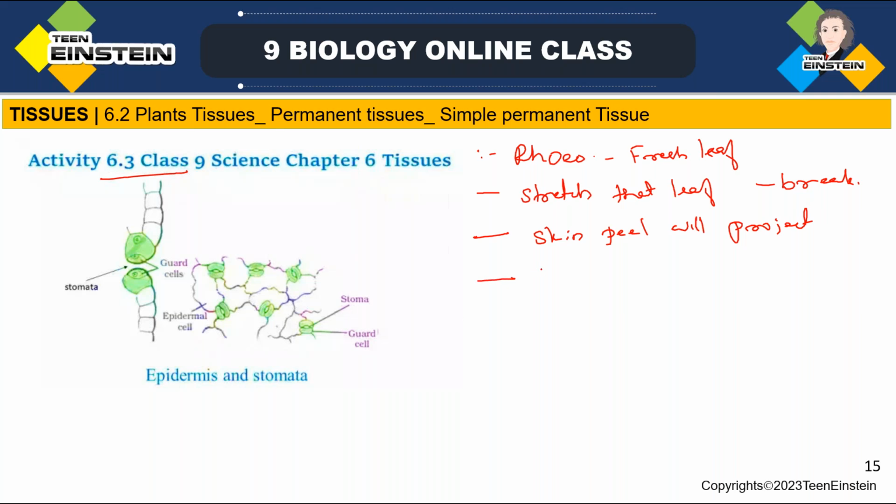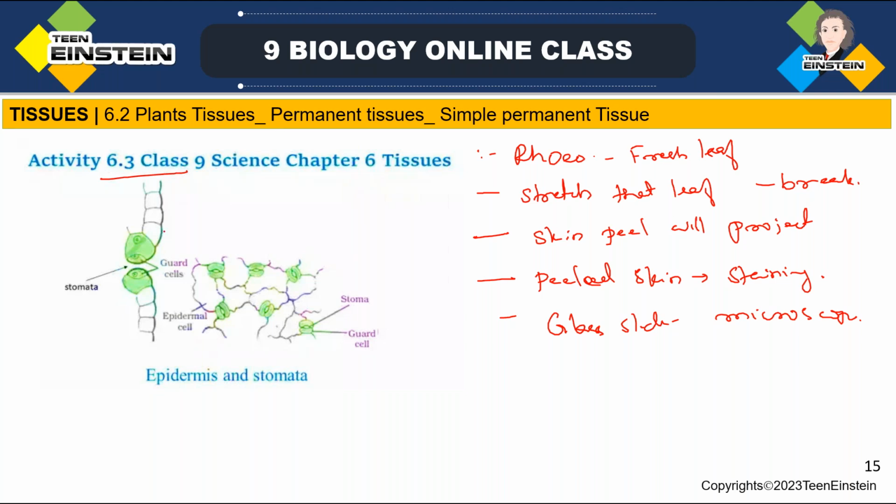Then again, like how we did that stem section, that peeled skin we need to take. We are staining it in safranin, keeping it on a glass slide, and observing under a microscope.